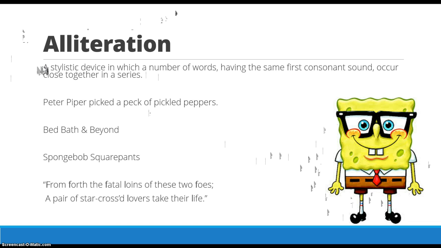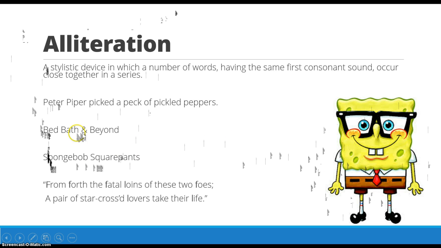So we have our classic example here of Peter Piper, and then we see alliteration, of course, in all kinds of brand names, like Bed Bath & Beyond, for instance. We see it in tons of names, such as our dear friend here, SpongeBob SquarePants, with their repeated S at the beginning. This is, by the way, what SpongeBob SquarePants would look like if he took AP Lit.